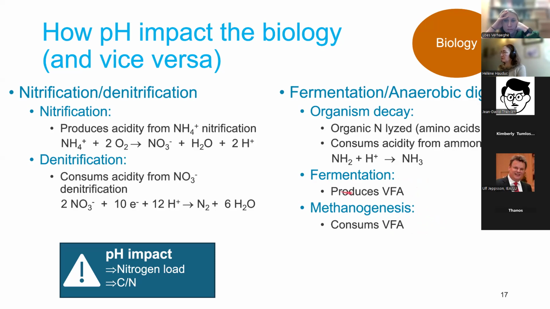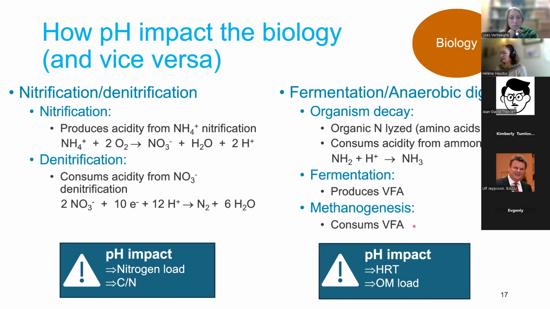Here, the production of VFA will also lower the pH as we produce some acids, and then the methanogens will consume this acidity. So it will normally be balanced. But again, if we have an unbalanced process, for example too high a load of organic matter in our digester, then the fermentation will be higher than what the methanogens can process.